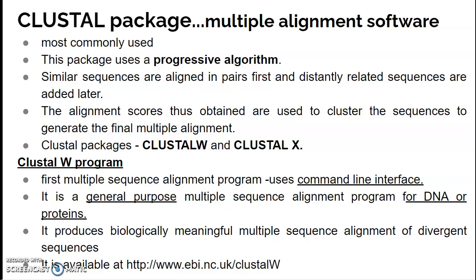And it is a very general purpose type of program, used for DNA and protein, and it produces biologically meaningful alignments of divergent sequences. Comparing many different sequences, a comparison with divergent sequences is possible. And it is available freely.